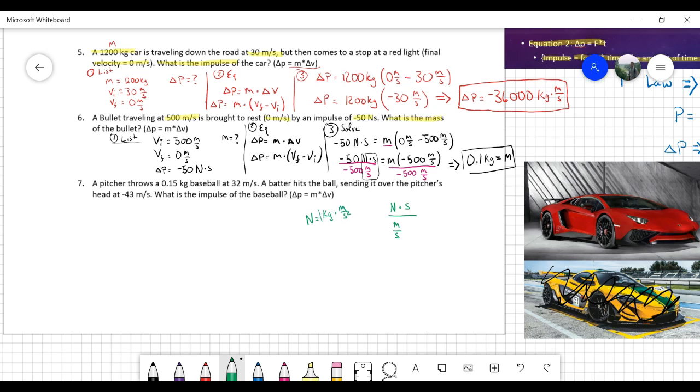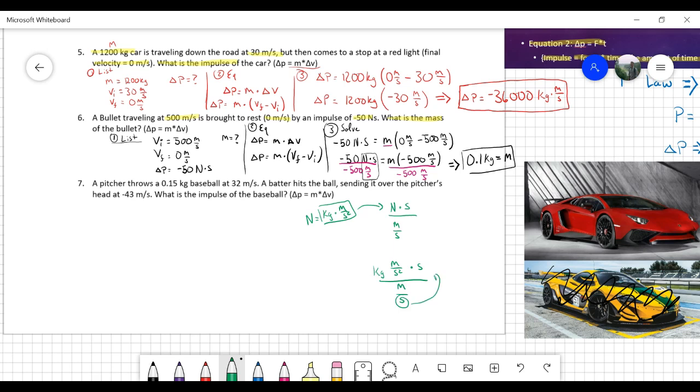So if we replace the newtons here with this term, that would be kilograms meters per second squared times seconds over meters per second. This looks very complicated. We have this seconds here in the bottom of a fraction.